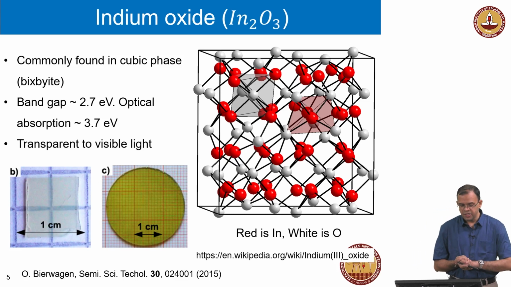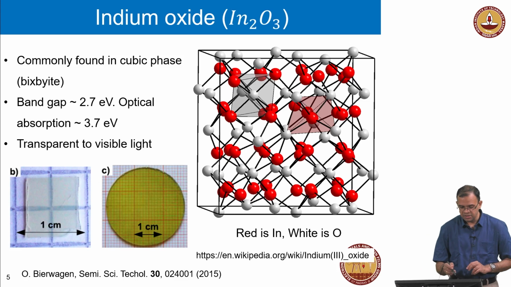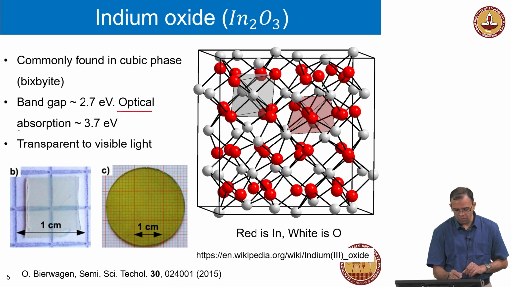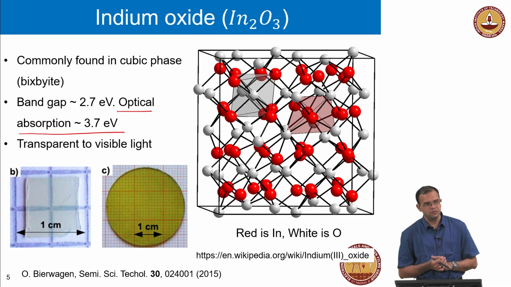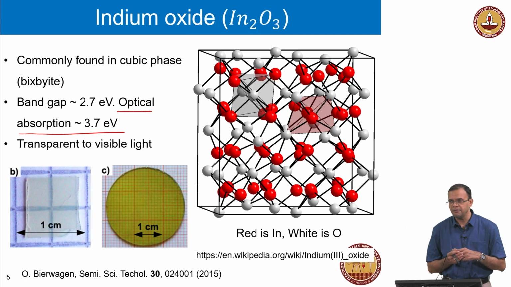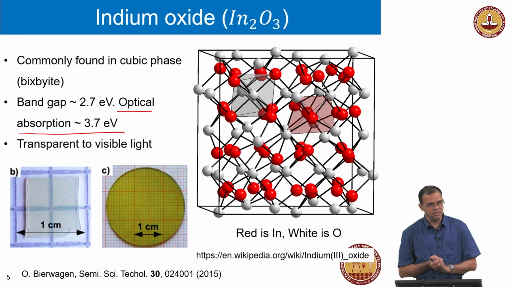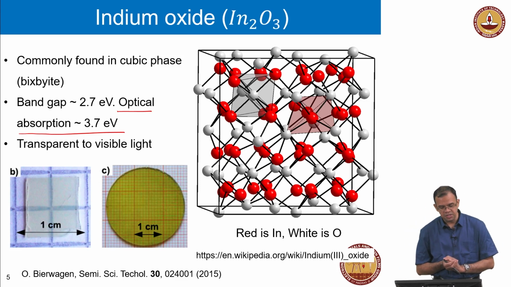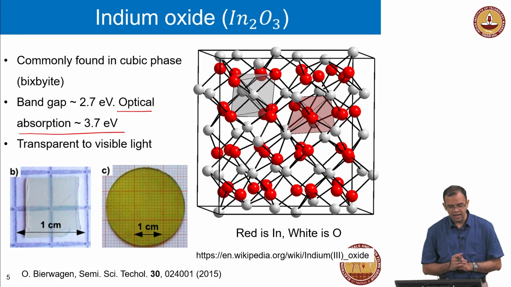The band gap of indium oxide is around 2.7 electron volts, but interestingly you can see that there is an optical absorption at around 3.7 electron volts. So in a way this is slightly contradictory, because we have been led to understand that whenever we have a band gap, that also means you can have optical absorption at that energy, but the optical absorption in indium oxide is slightly higher.